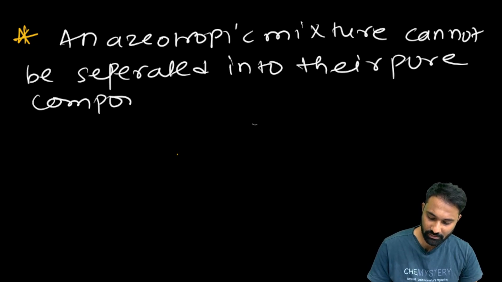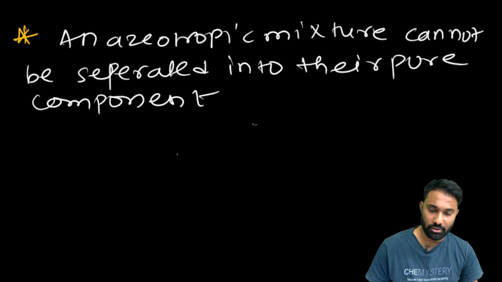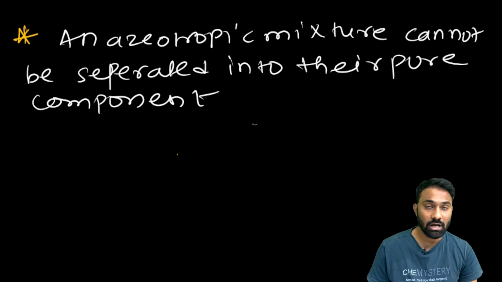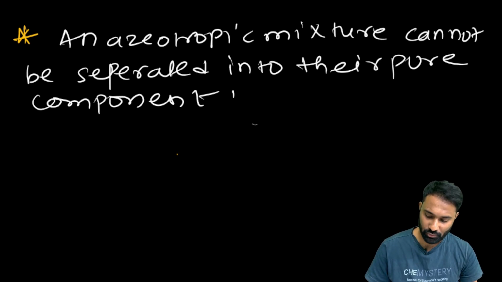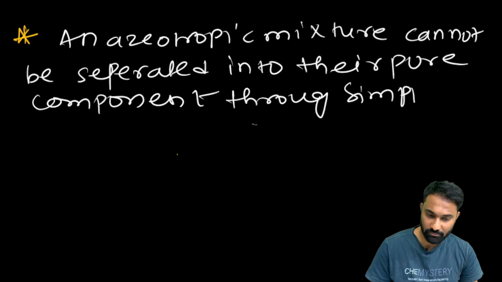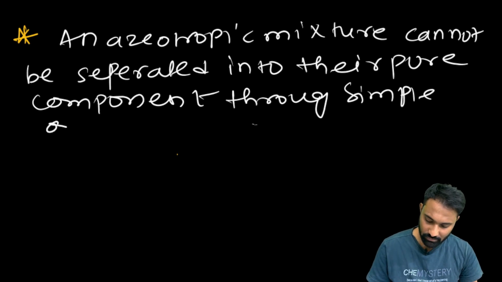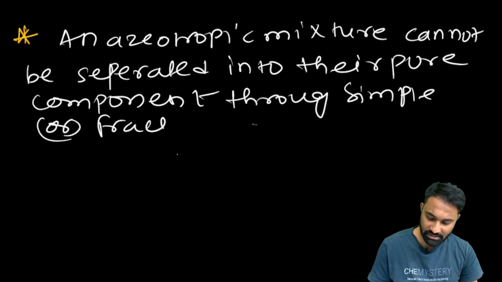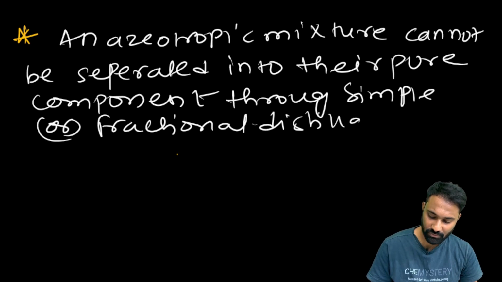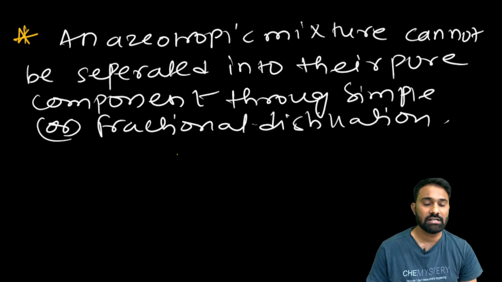This is the one key point of the azeotropic mixture. It cannot be separated into its pure components through simple or fractional distillation. Through simple or fractional distillation, we cannot separate out its two components.